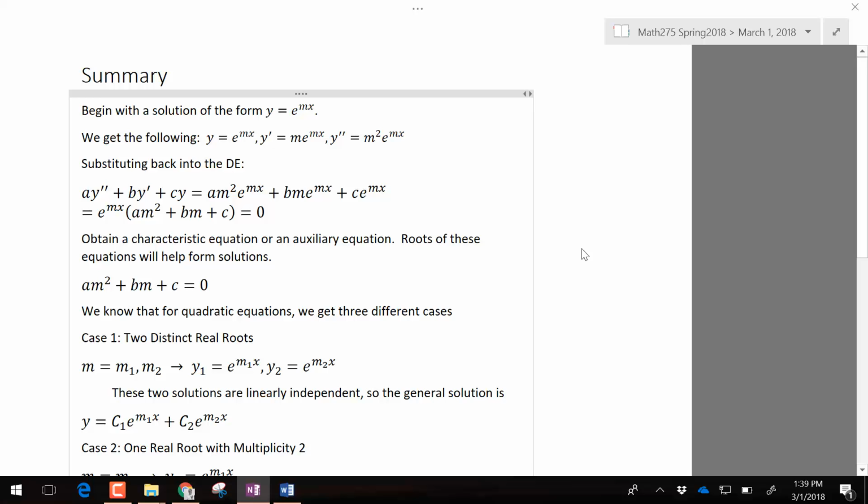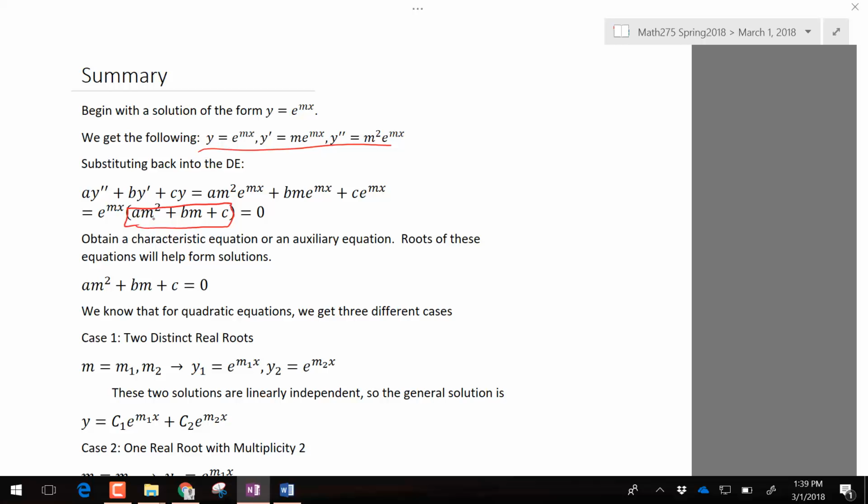We start off by assuming that our solution is of the form y equals e to the mx. And then we take our derivatives. This is a second order differential equation, so we're always going to be doing two derivatives. And then you're going to plug those derivatives into your original differential equation and then try to solve for the m, and you're always going to come out with an equation that looks very similar to your original differential equation.